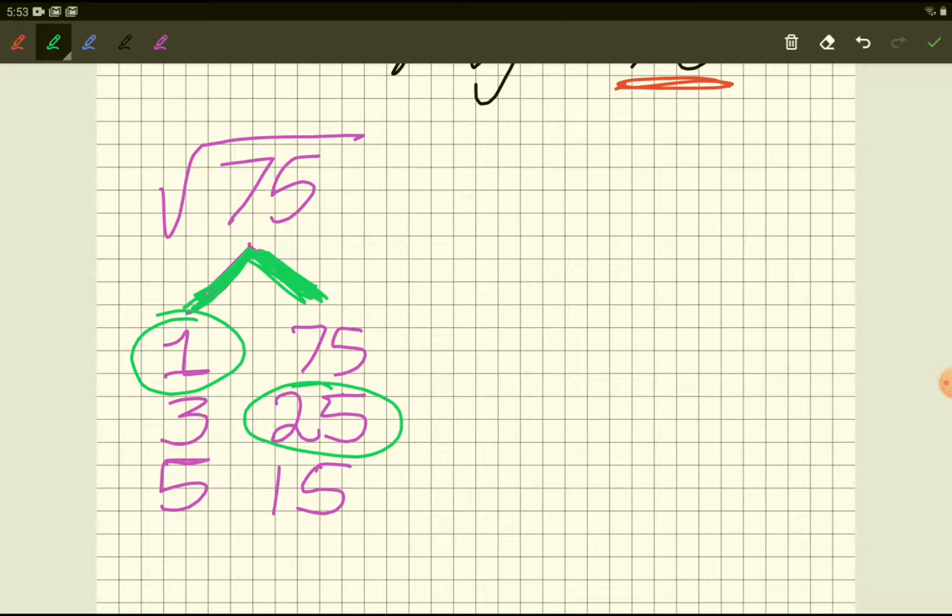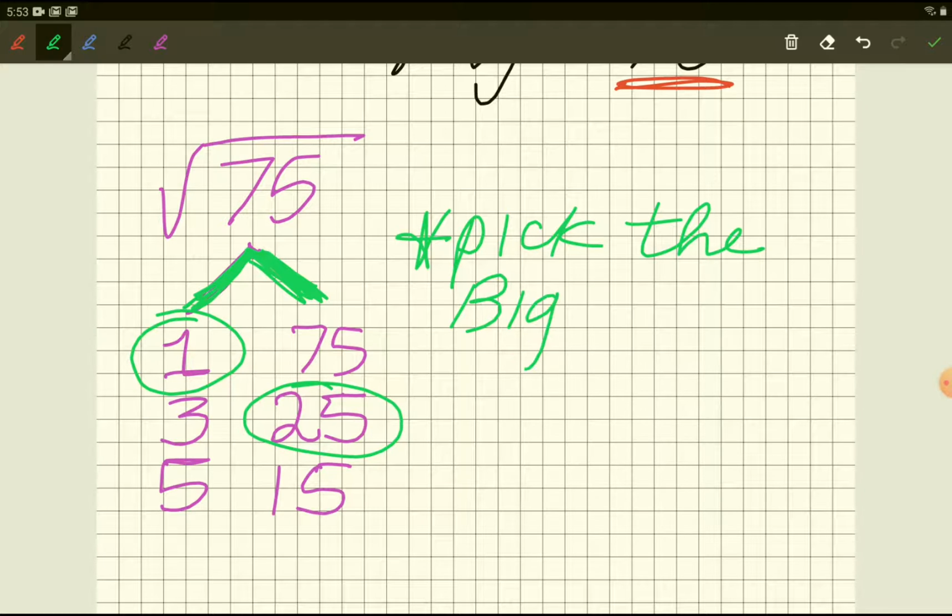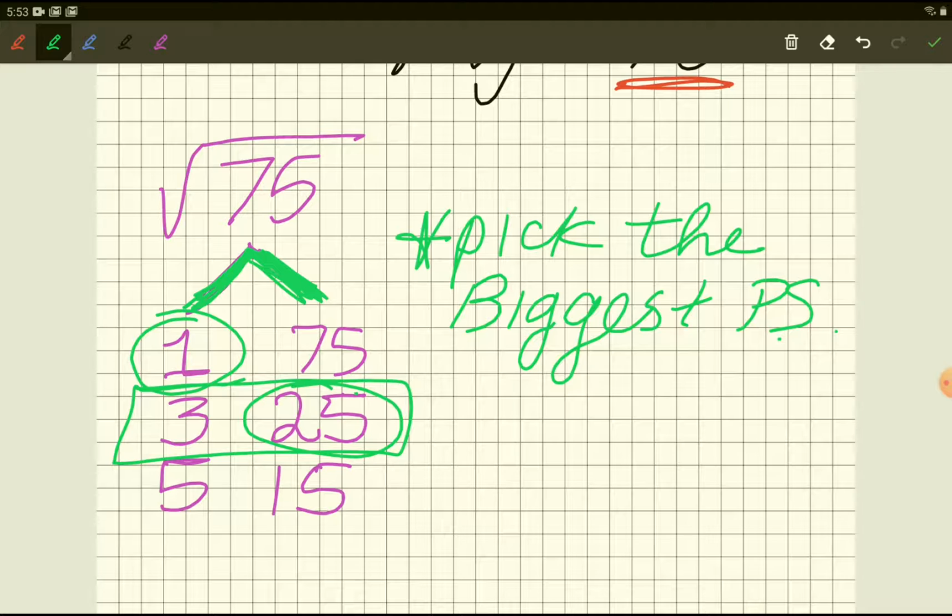Now pick the biggest perfect square, and it's obviously 25. So that's what we're going to use, 3 and 25. I'm back at the original problem, square root of 75.